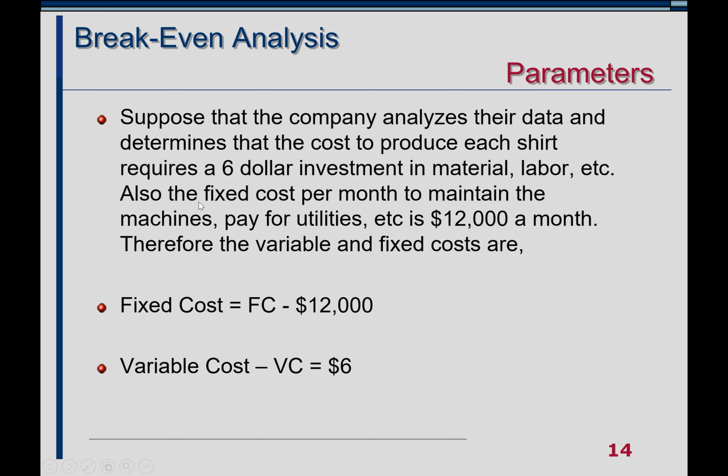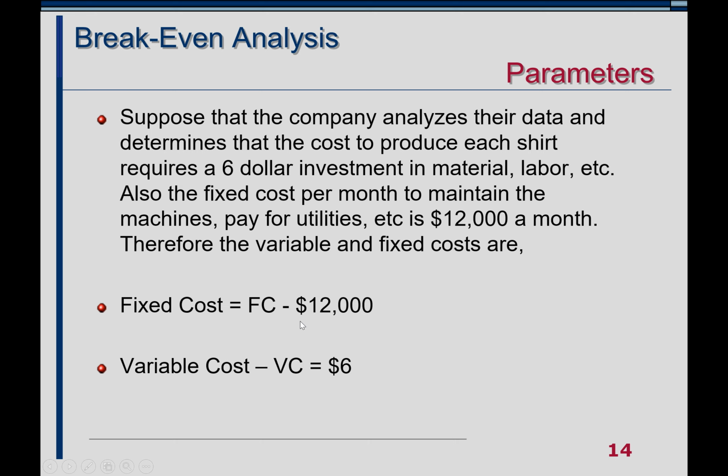Also, the fixed cost per month to maintain the machines, pay for utilities, is $12,000 a month. Therefore, our variable cost, which is our cost per item, is $6. So if you make one item, it costs you $6. If you make two, it costs 12. If you make three, it costs 18, and so on and so forth.